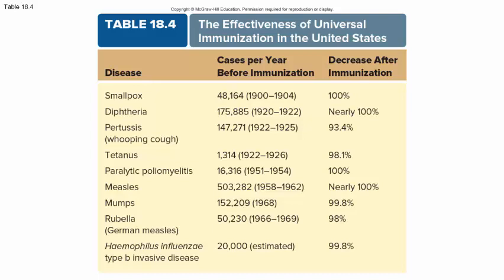Also, if only using IPV, the wild-type polio virus could still replicate in the intestine and be shed in the feces. So it would end up in the sewage, and if you have poor sewage containment, it could end up in rivers and infect others downstream not vaccinated. The oral polio vaccine, OPV, that's the Sabin vaccine, consisted of attenuated strains that replicate in the intestinal tract.